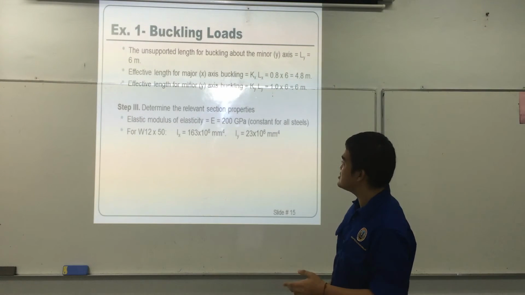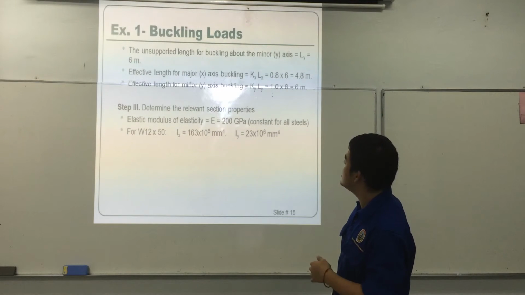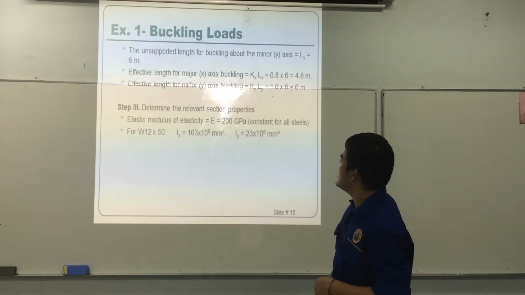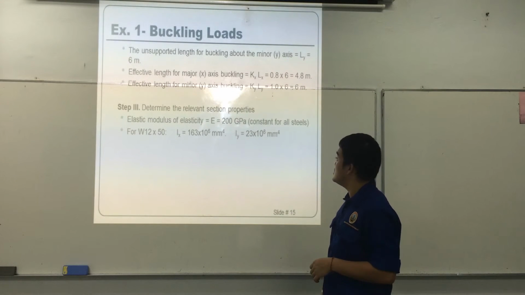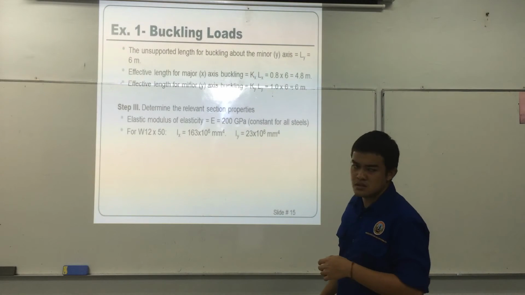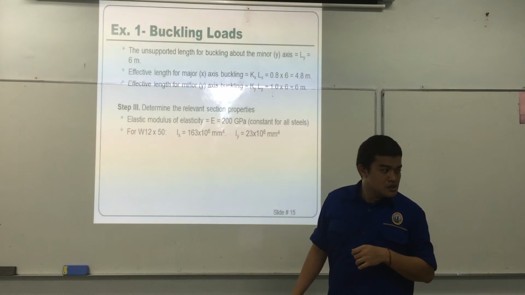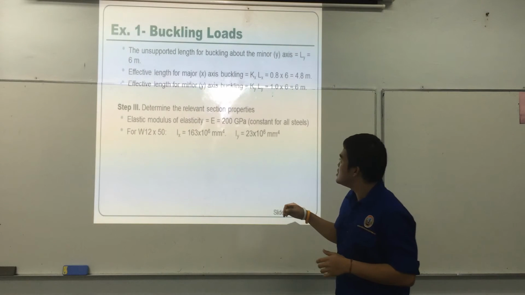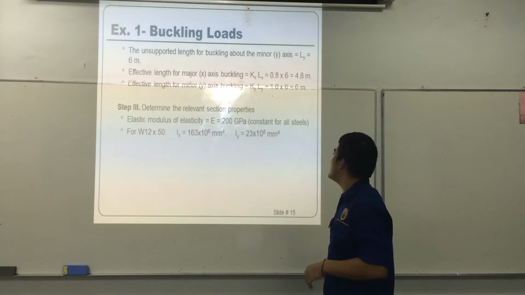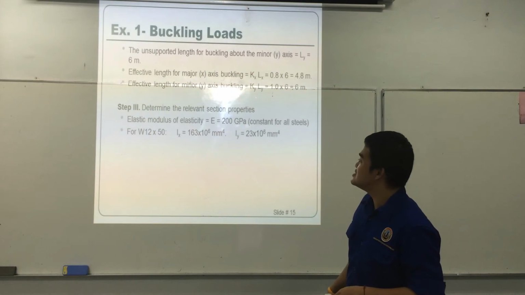The next step is the relevant section properties. The elastic modulus E is equal to 200 gigapascals, constant for all steels.